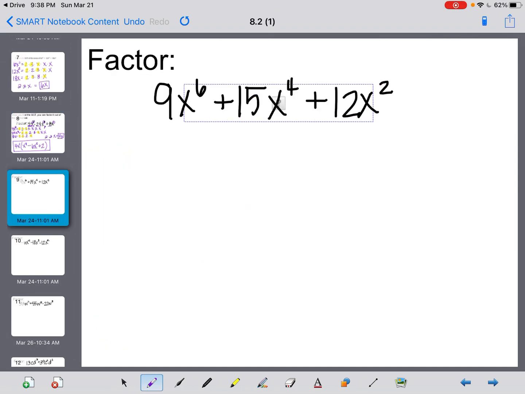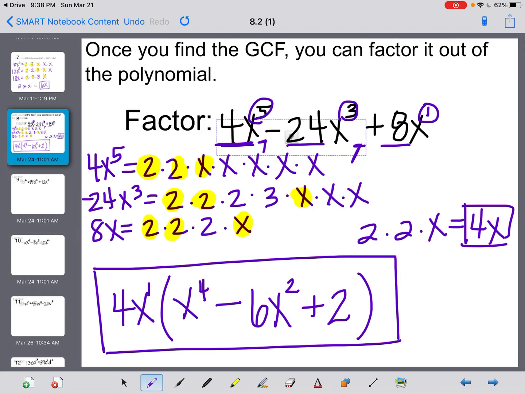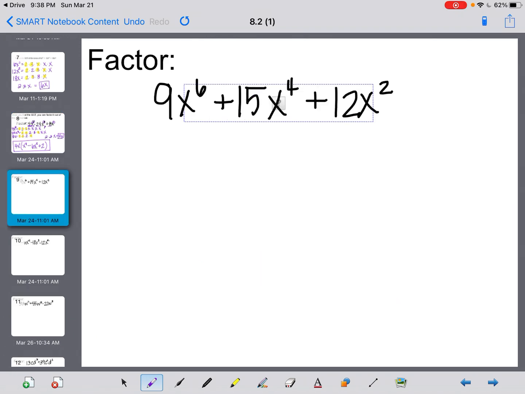However, I am going to show you that if you don't want to list out every prime factor of each of these, you can just look at what does each term have in common. Okay, so first thing you want to look at is what can each of these coefficients be divided by. In this case, I'm going to say they can each be divided by 3.